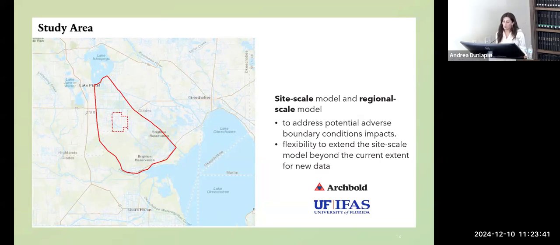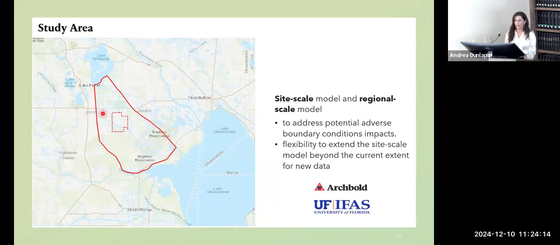The regional scale model is being developed as it's a common way of developing a groundwater numerical model. It's usually done to eliminate the impact of boundary conditions in a small model size, so we usually extend it to natural system boundaries. Here, our modeling area has been extended all the way to Lake Istokpoga from the north and to Lake Okeechobee.